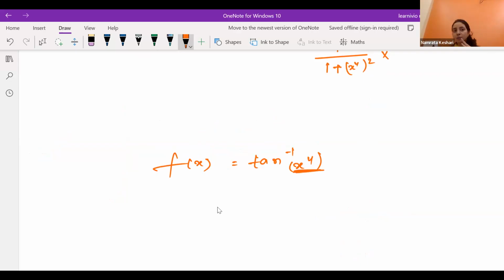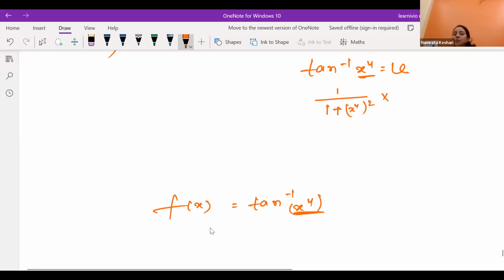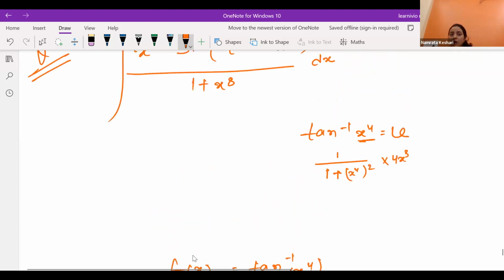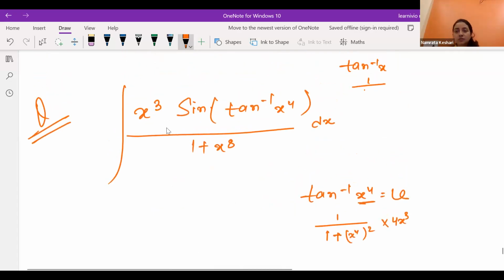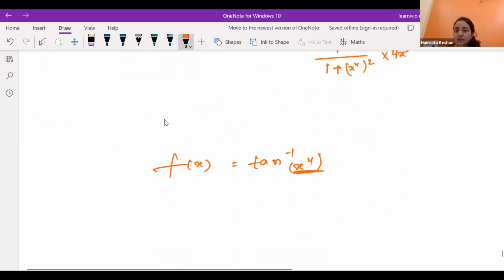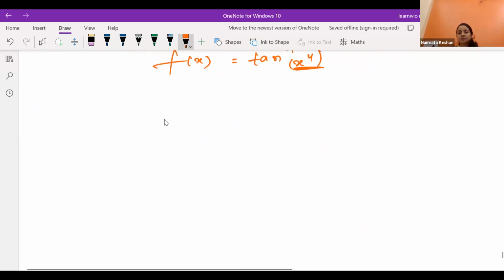If product rule is applicable, if quotient rule is applicable, if chain rule is applicable, whatever is applicable, we will use it, right? So it will become 1 by 1 plus x to the power square. That is the derivative of. And then x to the power 4 derivative by chain rule will be 4x cube. And you can see now everything got absorbed, right? Is it crystal clear? Yes.